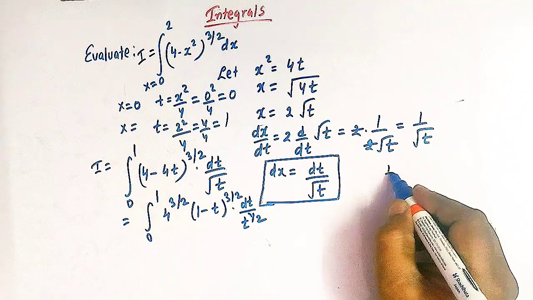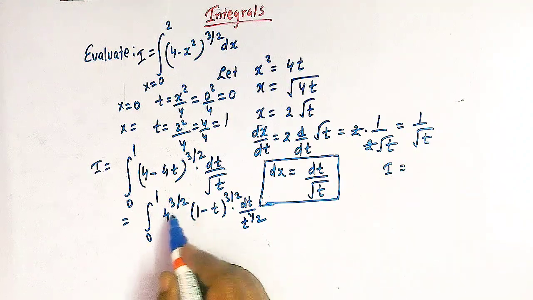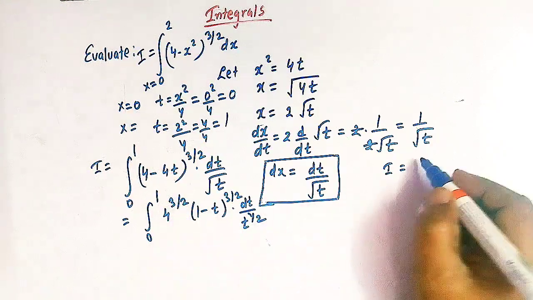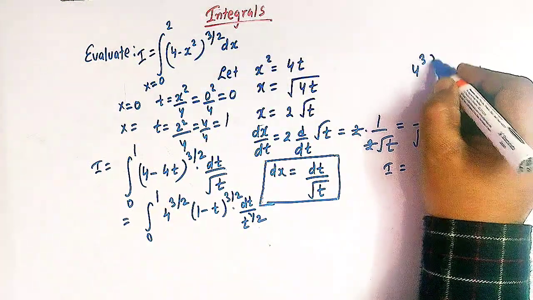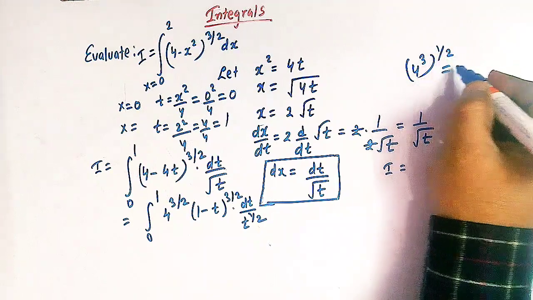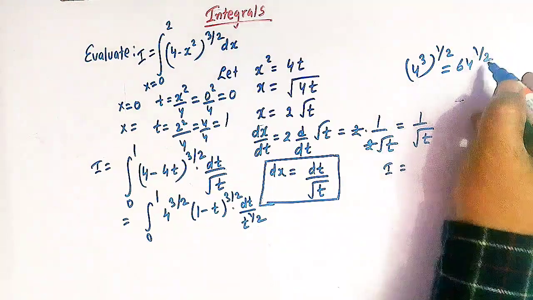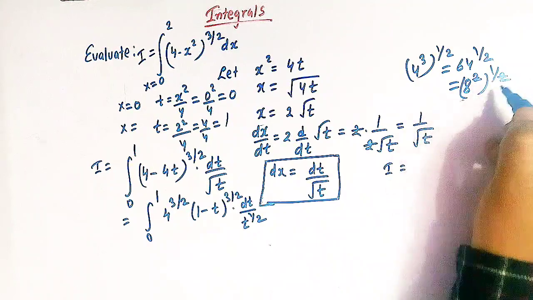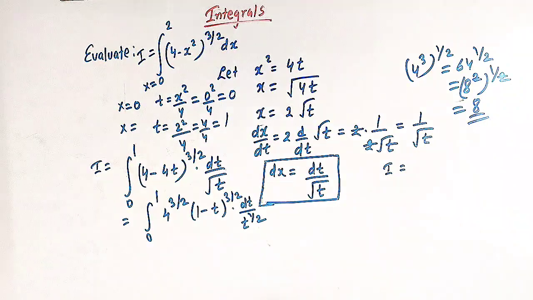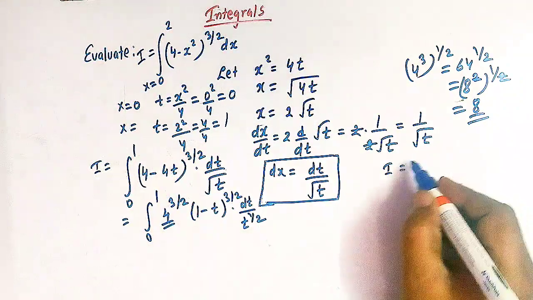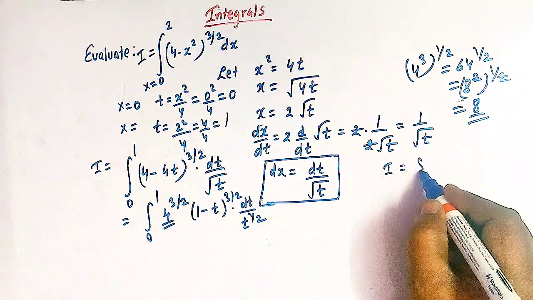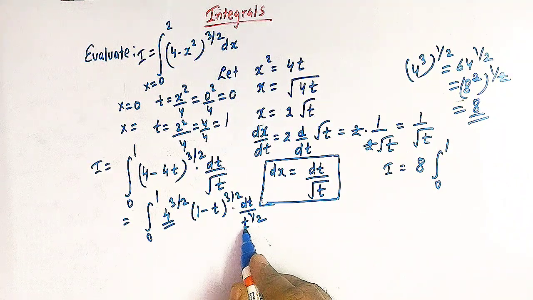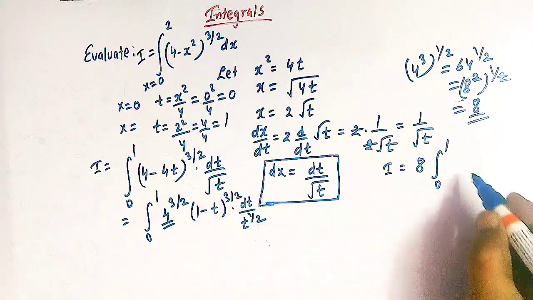Now we can write I is equal to 4 raised to 3 by 2, which is 4 cube raised to half. So this is 64 raised to half, that is 8 square raised to half. 2 and 2 get cancelled, so we are left with 8. Taking 8 outside the integral, we have from 0 to 1, and we can take t raised to half to the numerator.